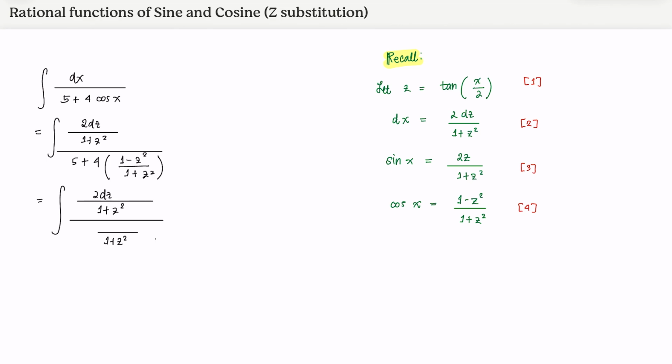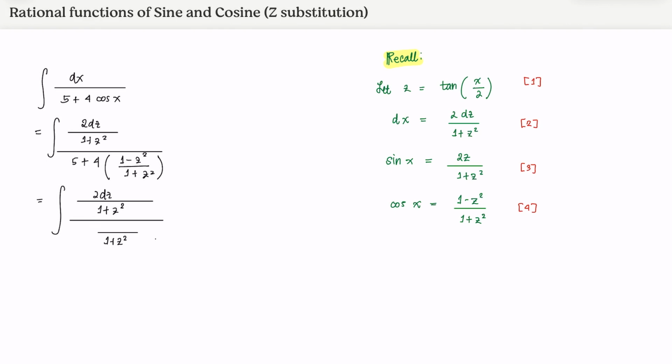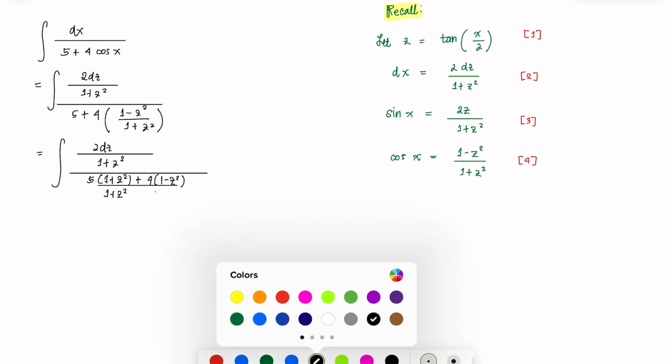So this will become 5 times 1 plus z squared, and the next term is plus 4 times 1 minus z squared. I'm going to extend this one just to distinguish that this is the larger fraction bar, if you understand what I mean.